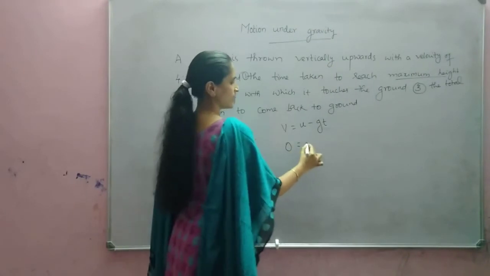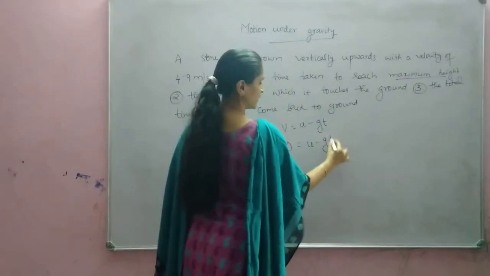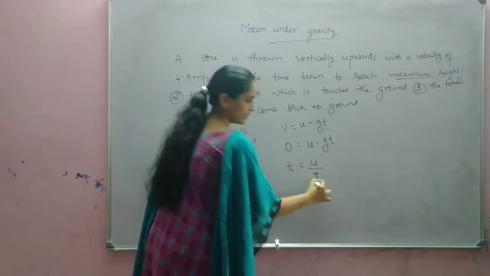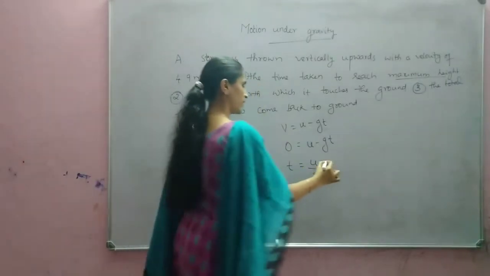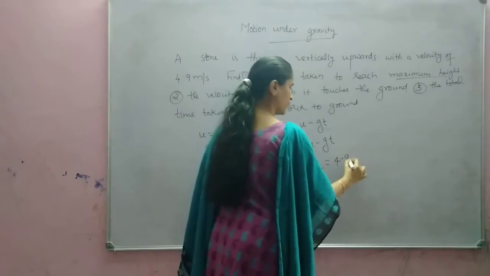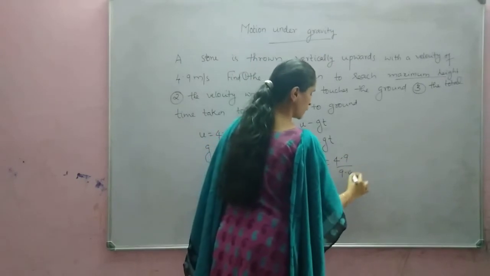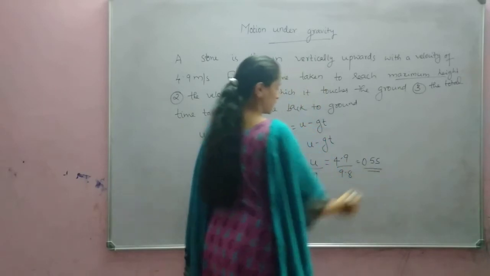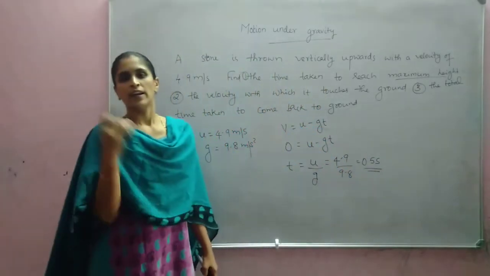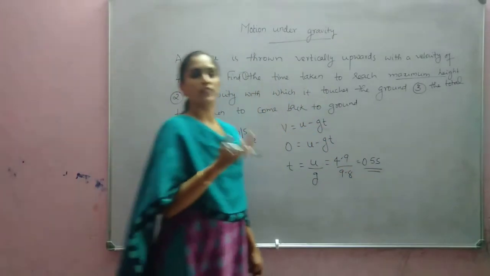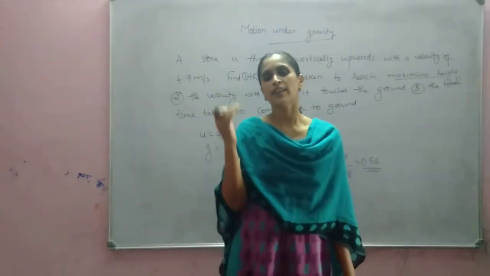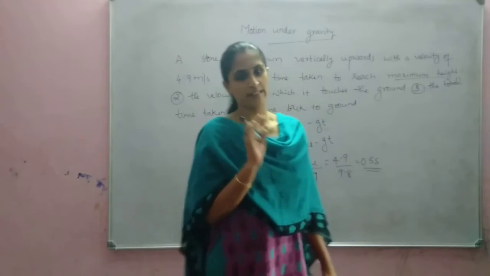So 0 is equal to u minus gt, so t is equal to u by g. u is 4.9 divided by 9.8, which is equal to 0.5 seconds. So after throwing the object, after 0.5 seconds it will reach the maximum height.